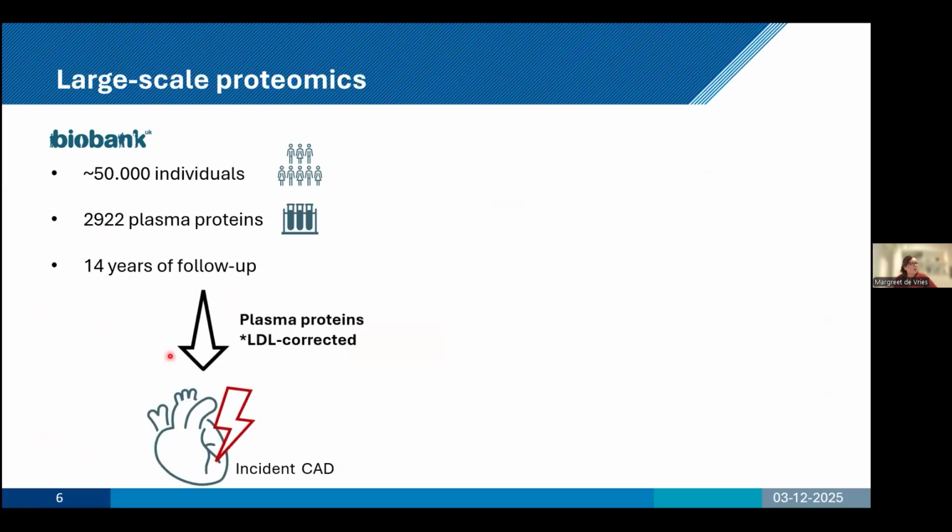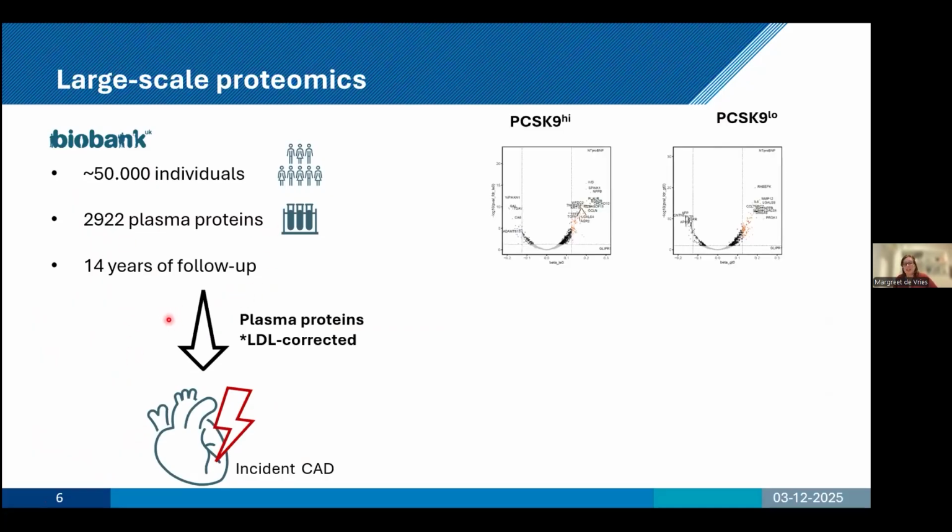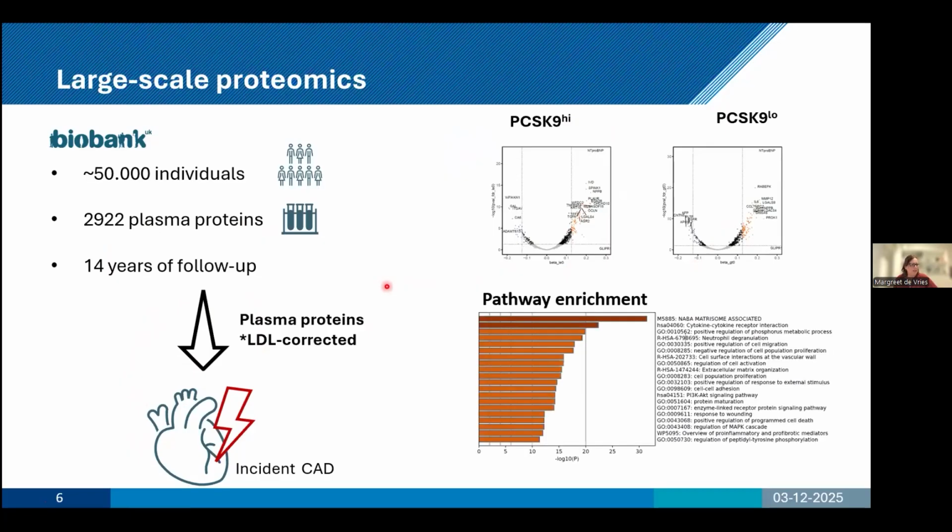After 14 years of follow-up, we looked into patients that had incident coronary artery disease, and we looked at differences between PCSK9 high and PCSK9 low patients. We corrected for LDL receptor and LDL proteins, age, smoking, and all those confounders, and we found 287 differentially regulated proteins between the PCSK9 high population and the PCSK9 low population.